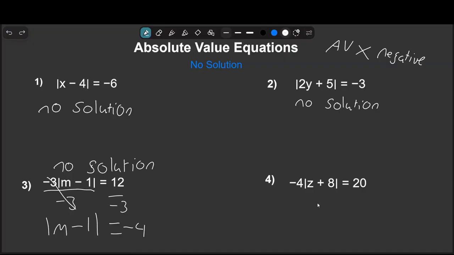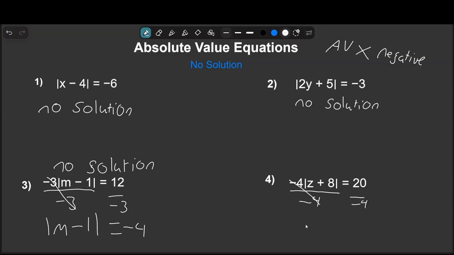Now, for the fourth one, we have the same thing. We have a positive answer, but again, it has no solution. We're going to do the same thing and divide both sides by minus 4.